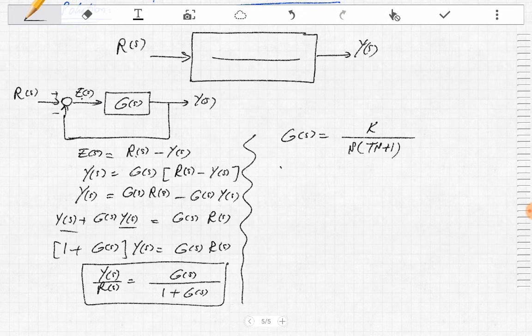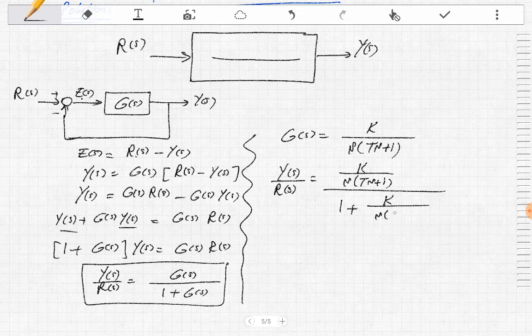So Y of s over R of s is equal to K over s(Ts plus 1), that's G, over 1 plus K over s(Ts plus 1).